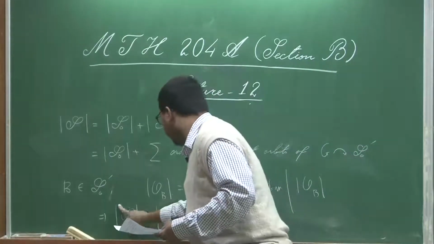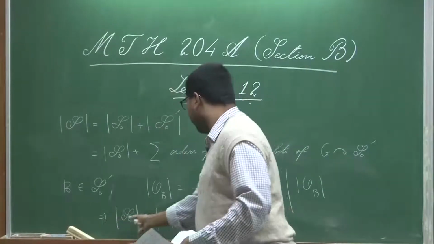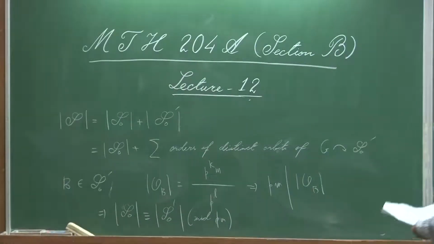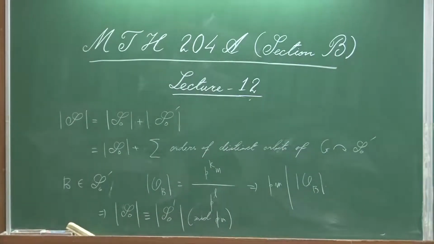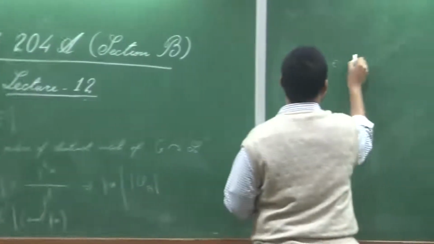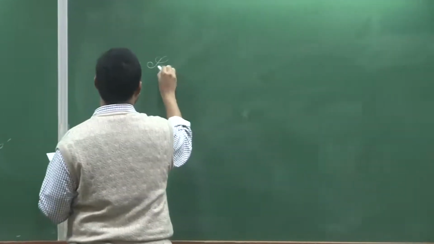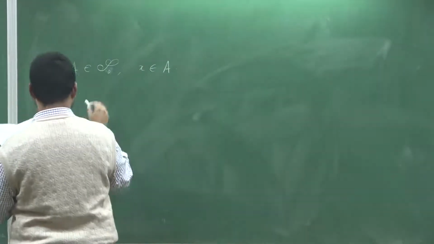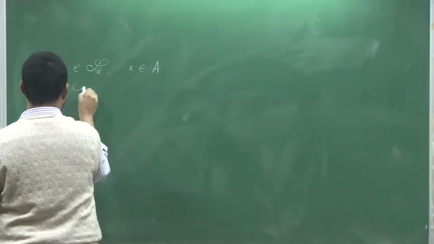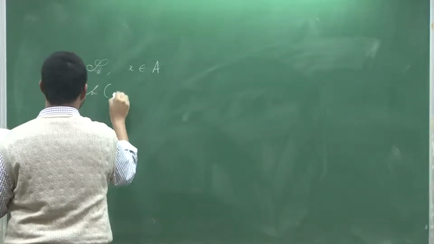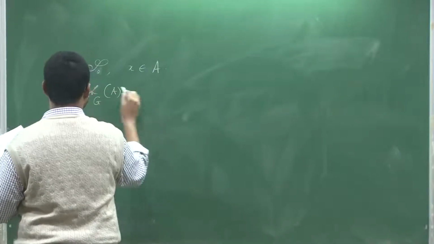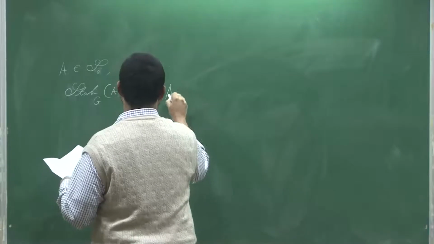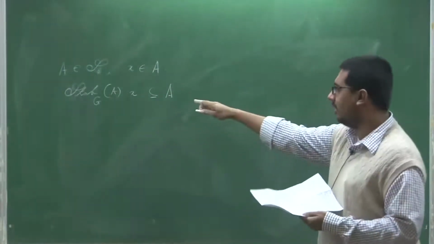So we now try to see what this quantity is. For that let us observe the following: if A is in S naught and x is a point in A, then what happens to the stabilizer of A, so what happens to this right coset? Of course this has to be inside A, because of the stabilizer.